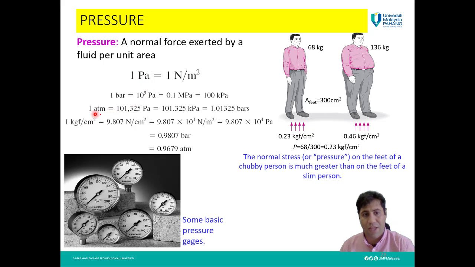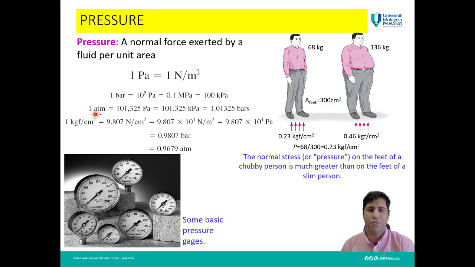And also we have atmosphere. This is useful when you are going to deal with the pressure on Earth. The scientists have measured the pressure of the atmosphere, which comes from the weight of the air around the Earth's surface.